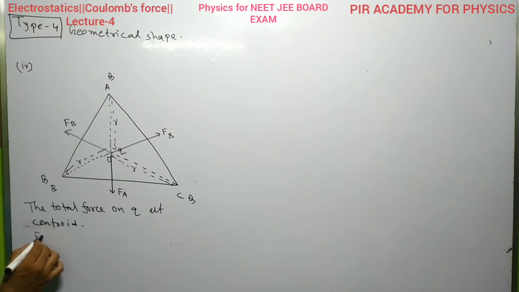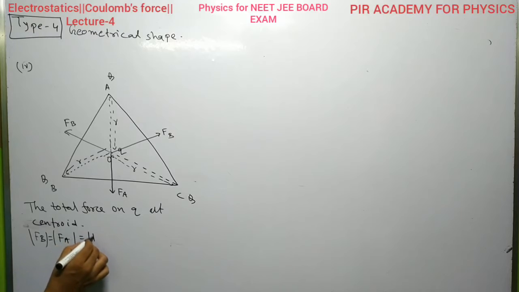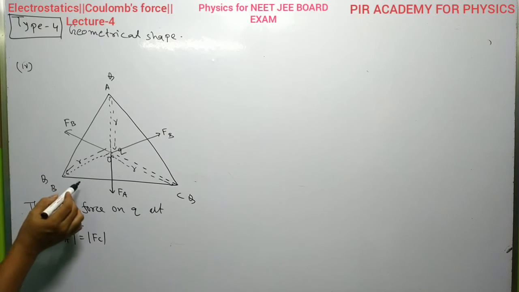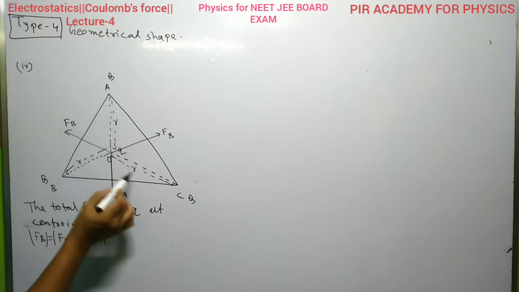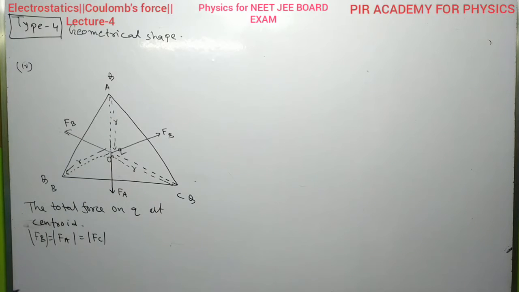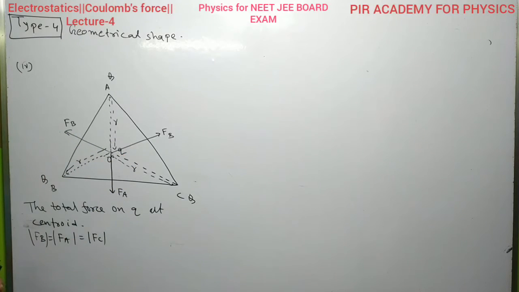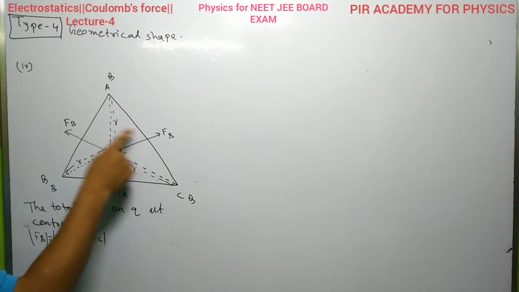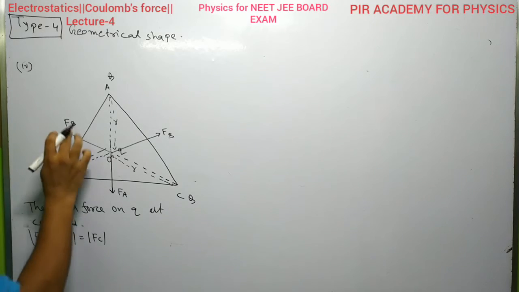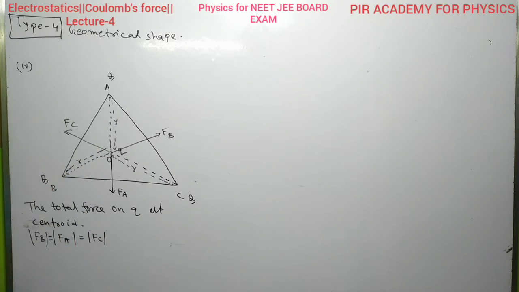Here you see that all the magnitudes of these forces are equal, because the distance between two charges is the same and the amount of charge is the same. So all the magnitudes of the forces Fa, Fb and Fc are the same.